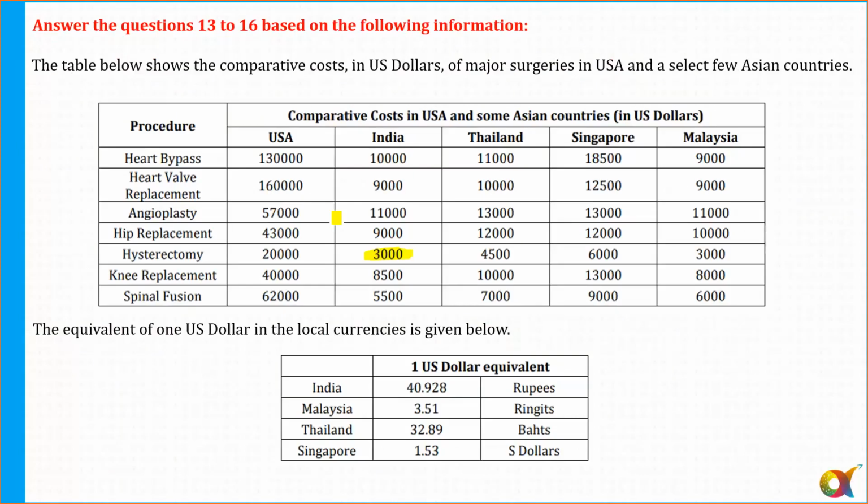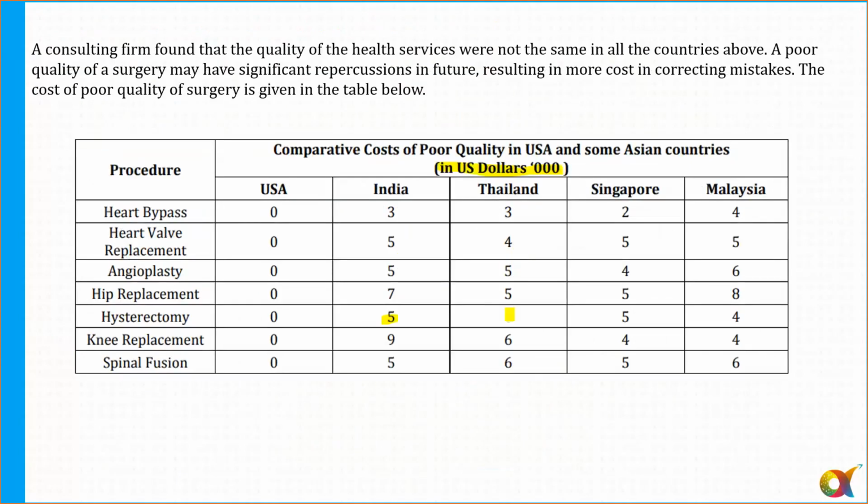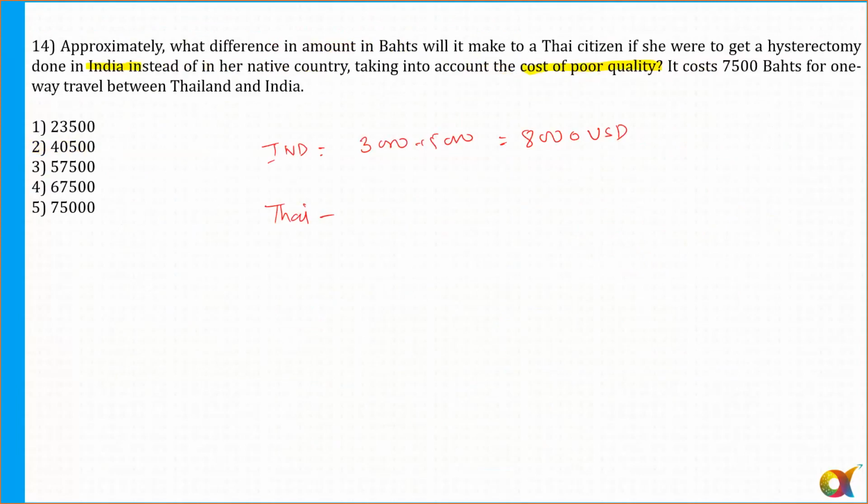In Thailand, the cost of hysterectomy is 4,500. And the poor quality cost is 6,000 US dollars. So in Thailand, the total cost will be 4,500 plus 6,000 US dollars, that is equal to 10,500 US dollars.